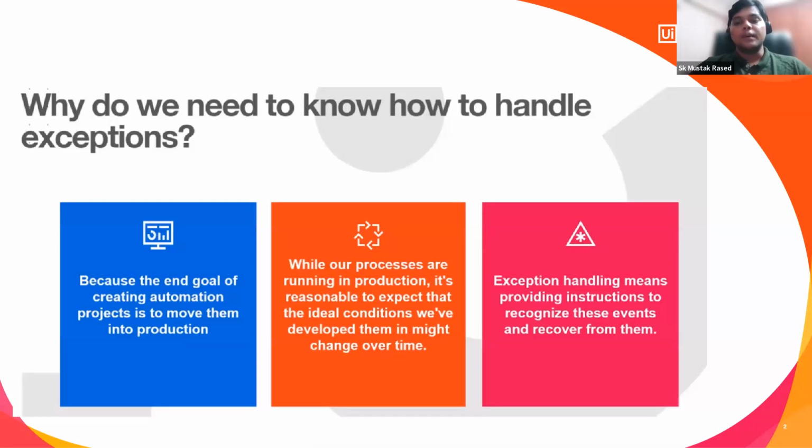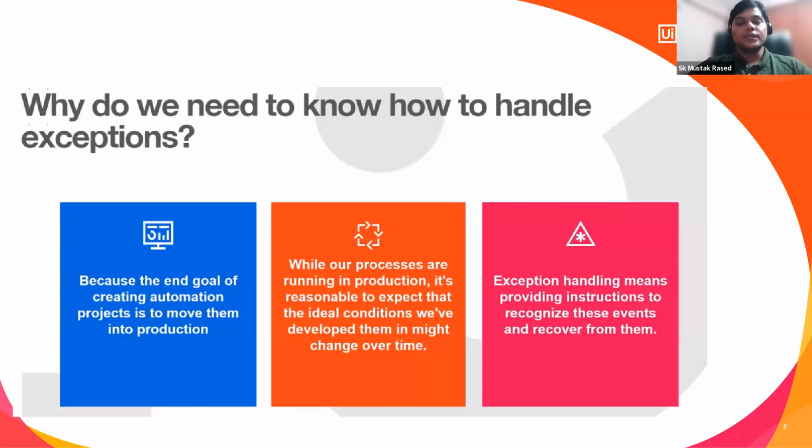So some issues we may predict, some issues we cannot predict. UiPath is a platform, and many programming languages have the capability to handle such situations using some chunk of code in your process, so that you can easily handle them.